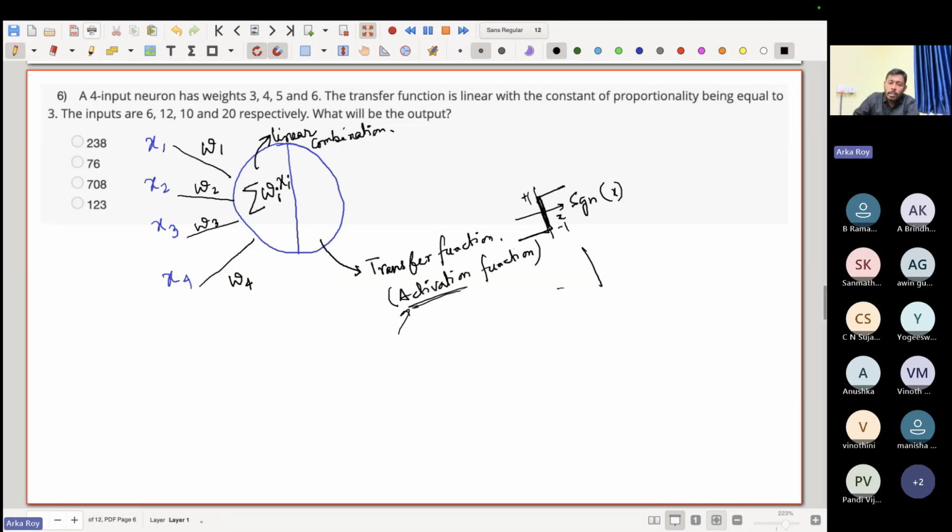It could be any other thing. For example, in this particular question, they have written that the transfer function is linear. That means it should be an equation of a line, obviously, with a constant proportionality.